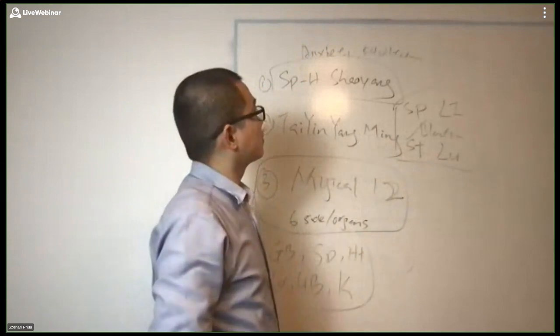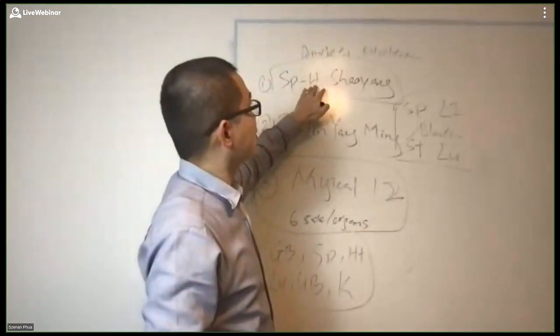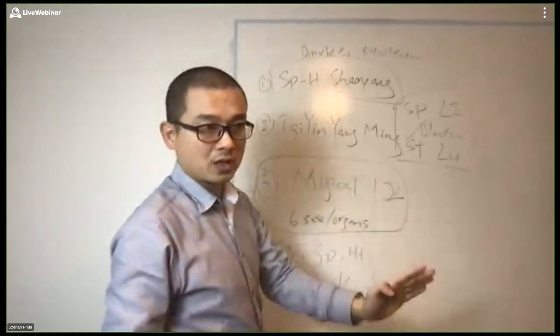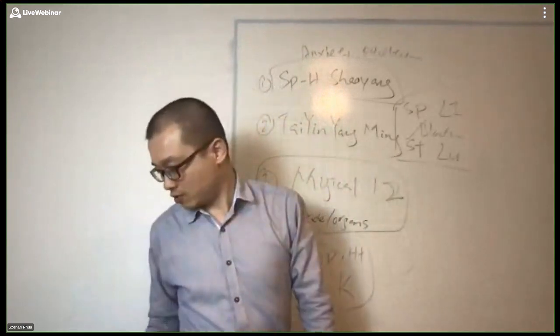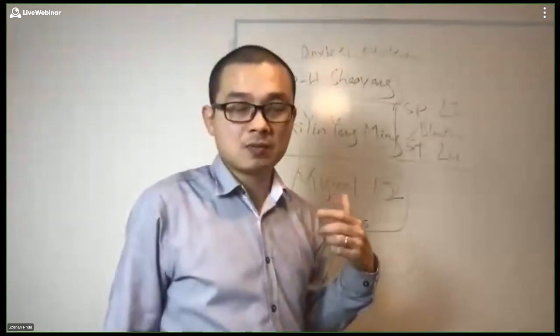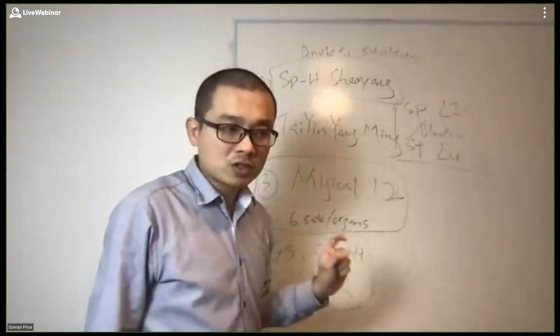Right? So if they have palpitation, you use that one. Spleen and heart one. Okay. Anxiety and palpitation. Very common. Most of my anxiety patients, they have palpitation. I recently had one.